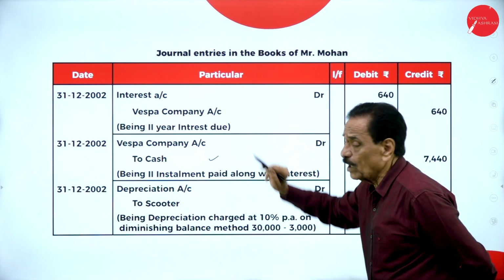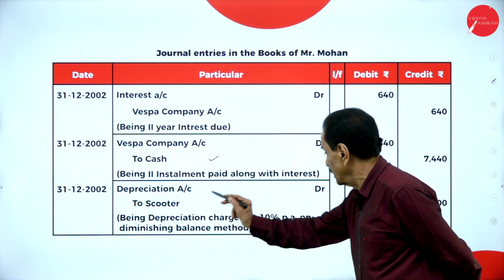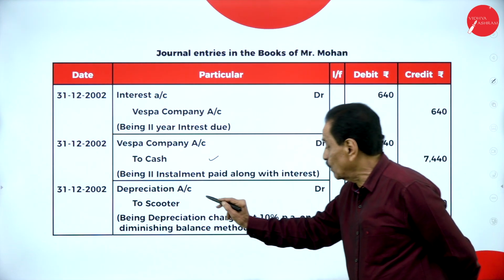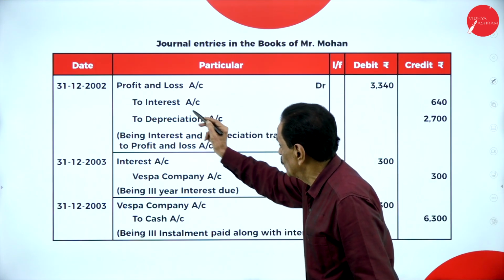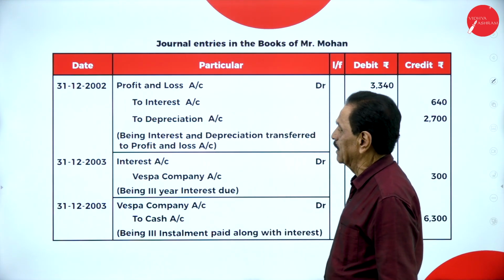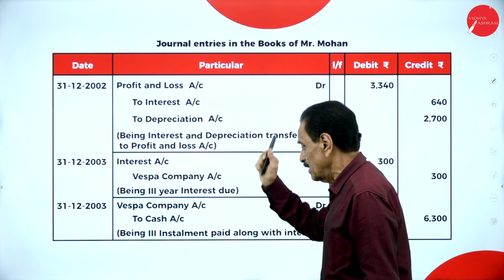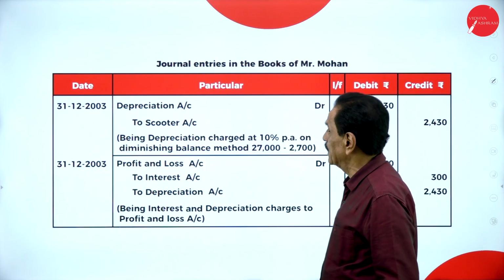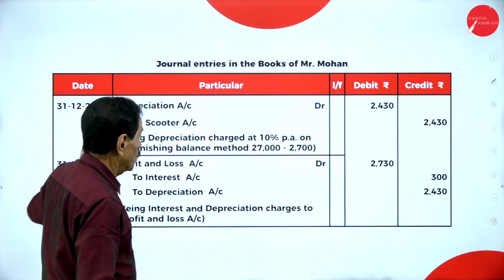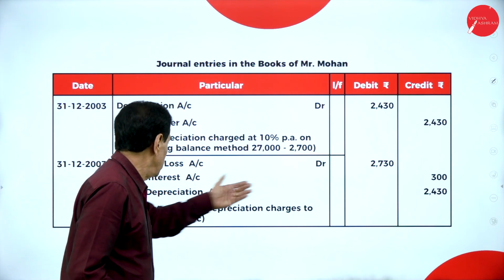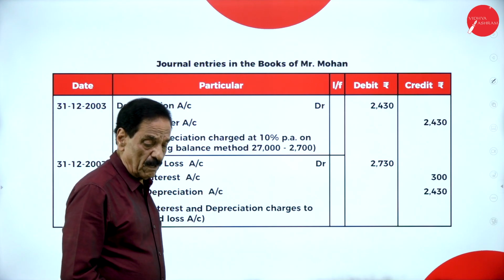Interest account debit to hire seller account, hire seller account debit to cash account, depreciation account debit to asset account, scooter account, transfer entry, profit and loss account debit to interest account to depreciation account. Last year, interest account debit to hire seller account, hire seller account debit to cash account, then depreciation of that year, depreciation account debit to scooter account, transfer entry, profit and loss account debit to interest account to depreciation account.